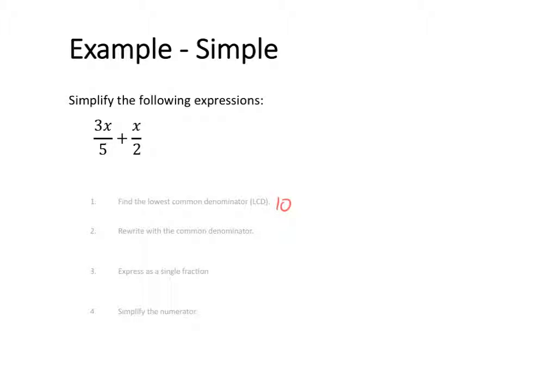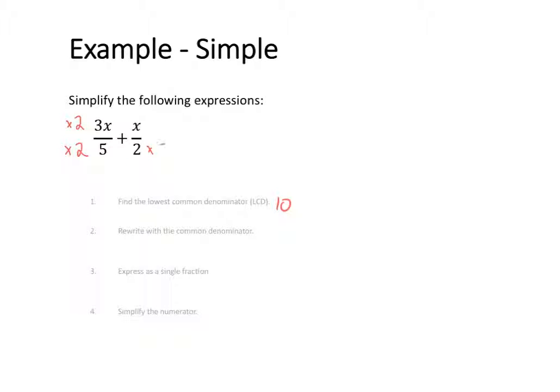So I need to have a look at how do I turn 5 and 2 into 10. To turn 5 into 10, I need to times it by 2. And if I'm timesing the denominator by 2, I also need to times the numerator by 2. To go from 2 to 10, I need to times by 5.